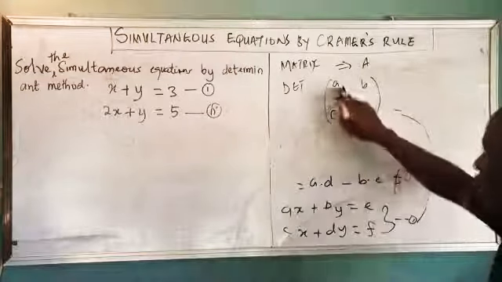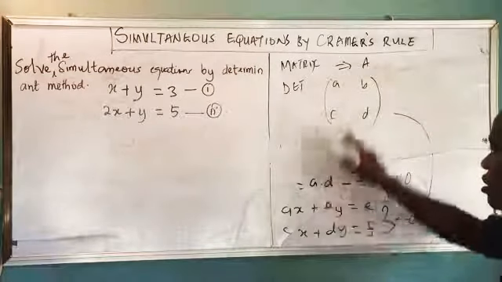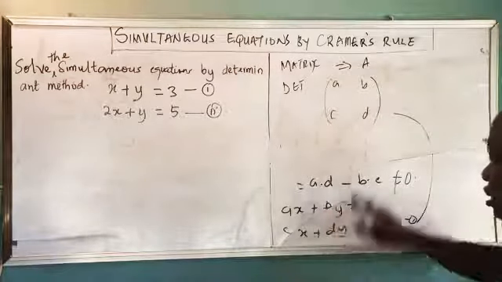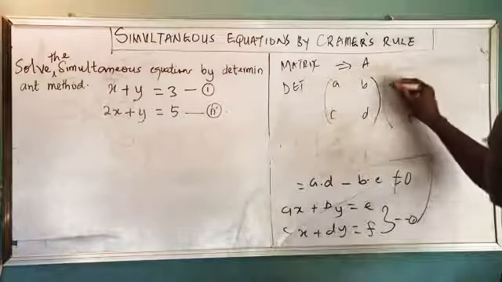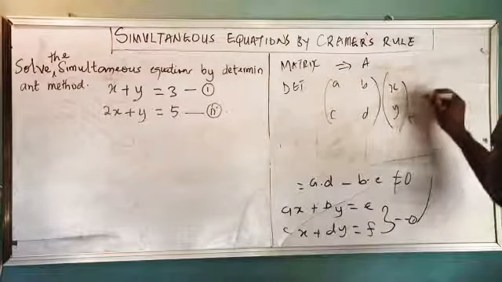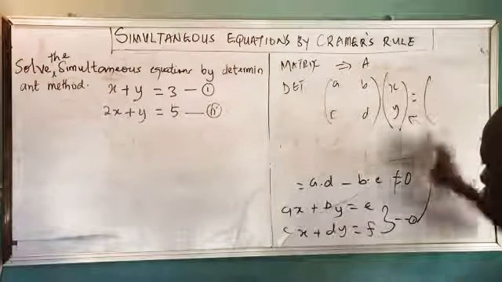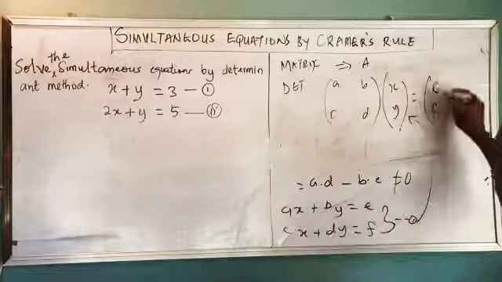Can you see? a here is the coefficient of x, b is the coefficient of y, and c and d likewise. Then the variables x, y equals, you now bring up your constants, that is e and f.